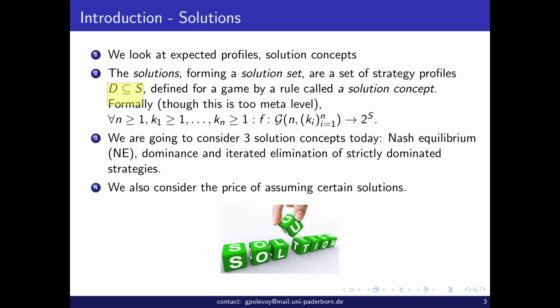Formally, as I said, that's a very high level of abstraction, but we need to know and understand that. That's not hard. For any number of players, and for any number of strategies of player 1, k1, and so on till kn, the number of strategies of player n, a solution concept f is a function from the set of all games over n players, such that the first player has k1 strategies, the second player has k2 strategies, and so on till kn strategies.